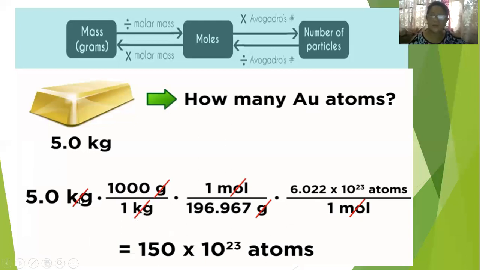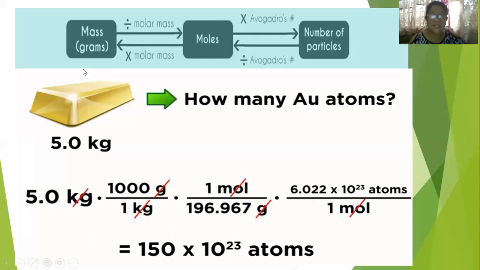So cancel kilogram. The next thing is we will convert these grams into mole. How? You divide it with the molar mass. Okay, look into the periodic table. What is the molar mass of gold? That is 196.967 grams per mole.